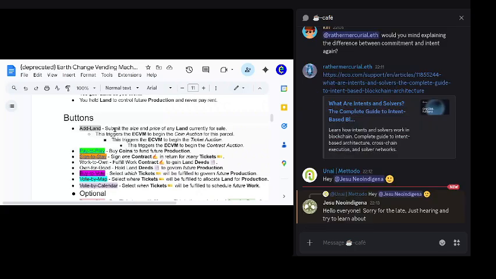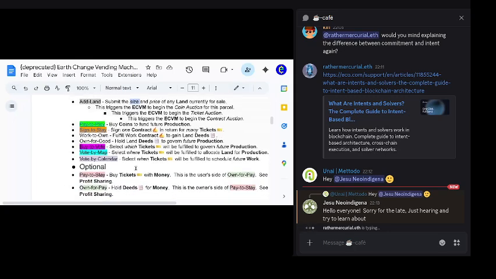The add land button is where you look on a real estate listing and you say, oh, this land is for sale at this price and it's this many square meters. And this causes the ECVM to begin the coin auction. So if we just implemented these buttons, then we would be going. Does that make sense?